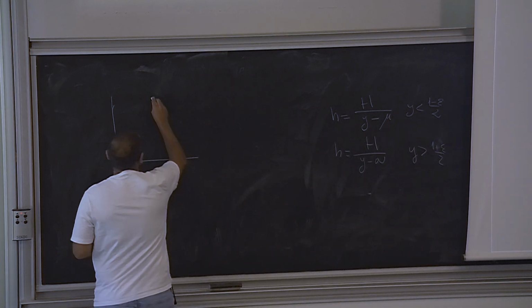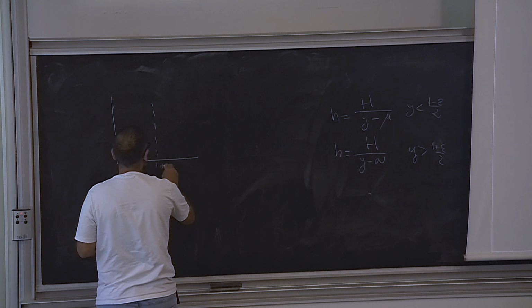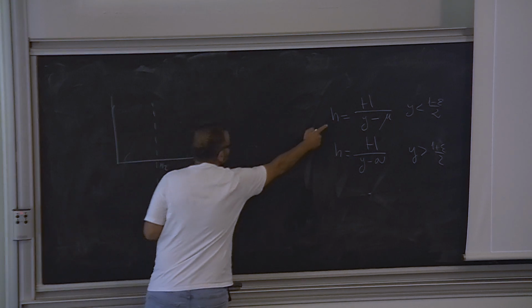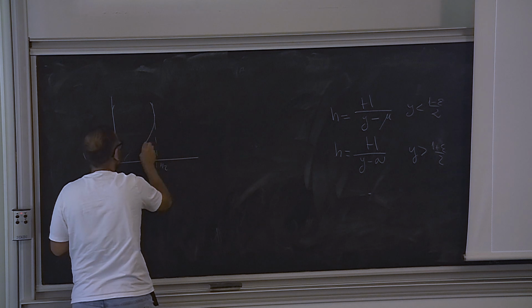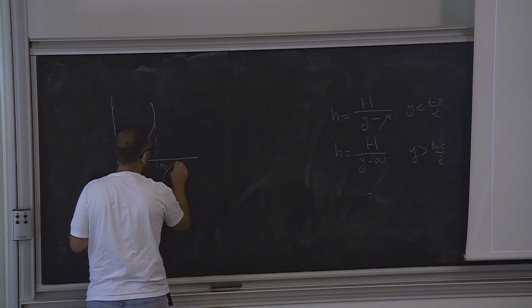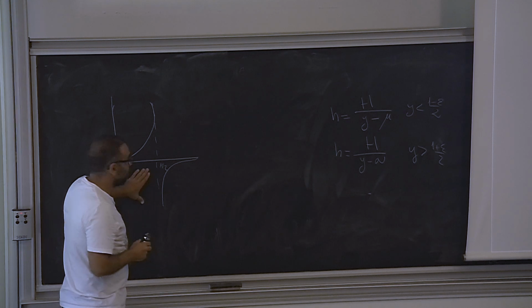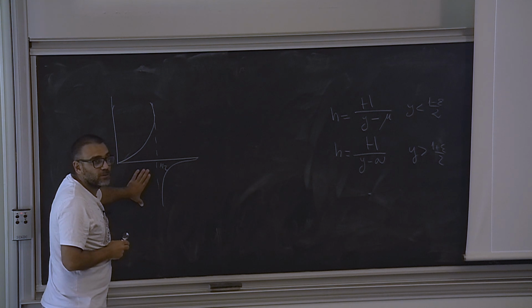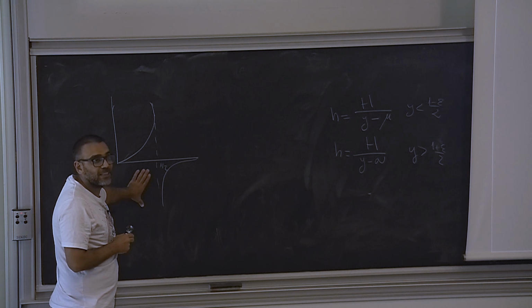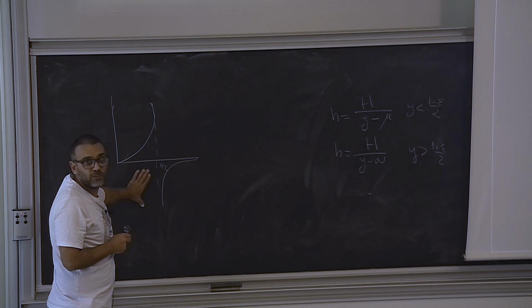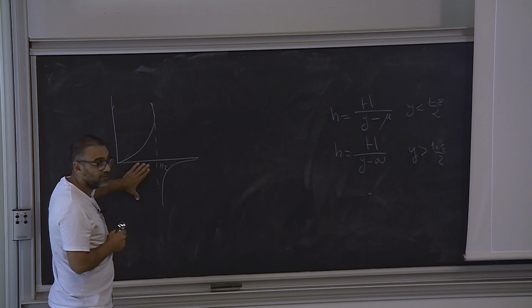If this value is 1/2, small h is going to be something like this. So in the limit epsilon equal to 0, this solution does not make sense. You don't get anything for epsilon equal to 0. You are not solving the equation for epsilon equal to 0. This is not even in L infinity.